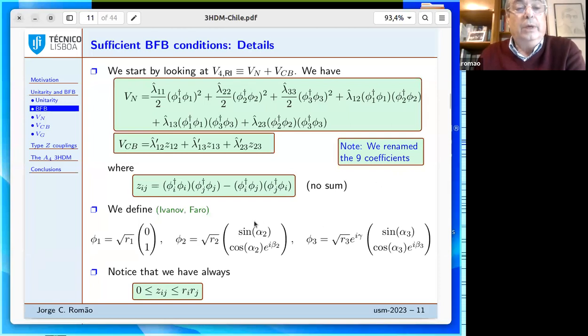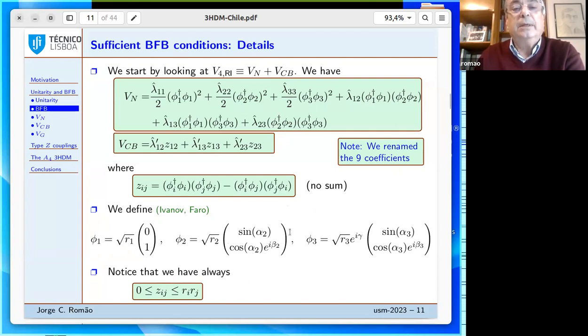Now we define our fields using SU2 cross U1 invariance. You can redefine the fields into this form. The names neutral and charge breaking come from when you substitute this expression for the fields in this potential.